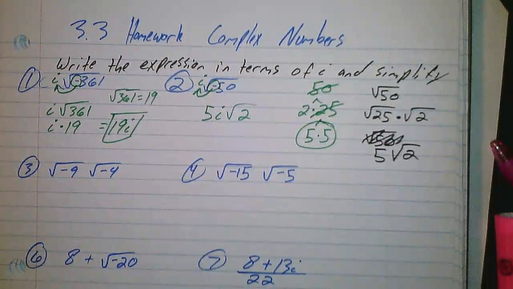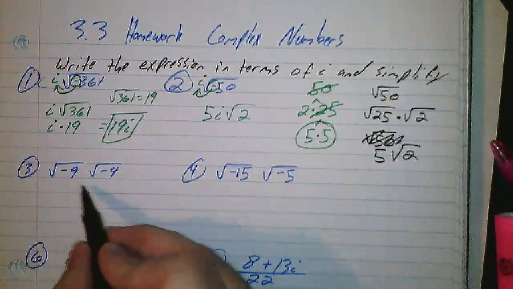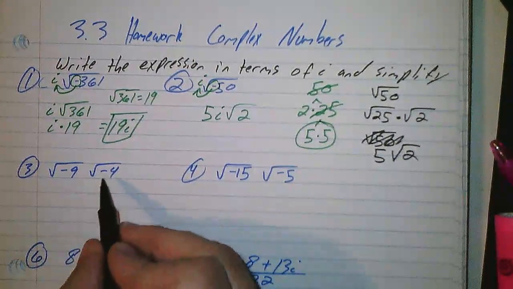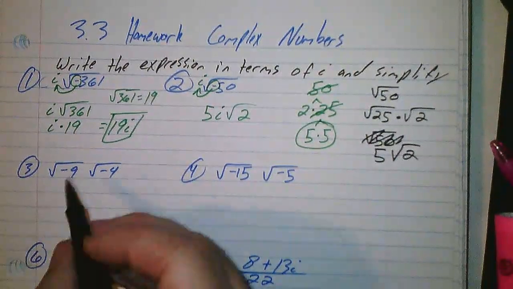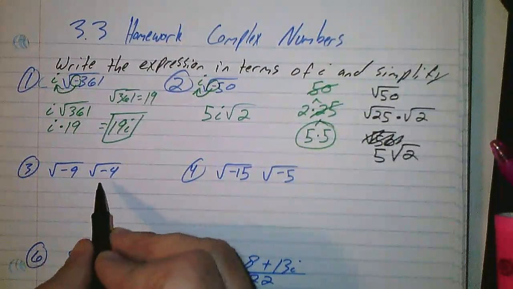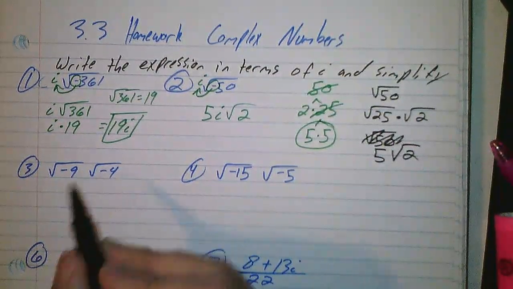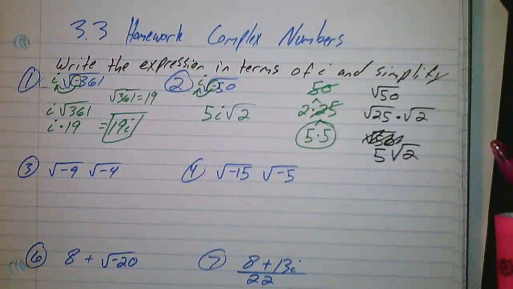When we have two radicals being multiplied, we multiply the two radicands, what we see under the radical. Now you might be tempted to say that this is a positive 36, because negative 9 times negative 4 is a positive 36.